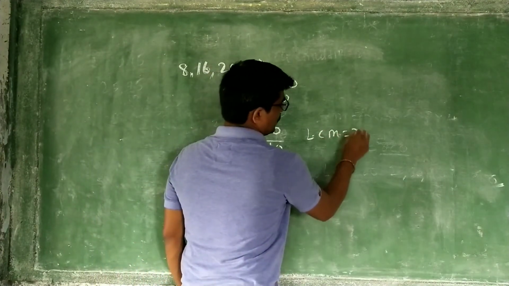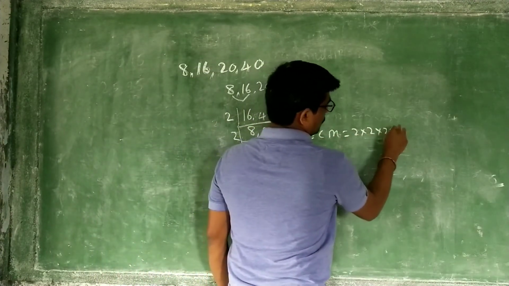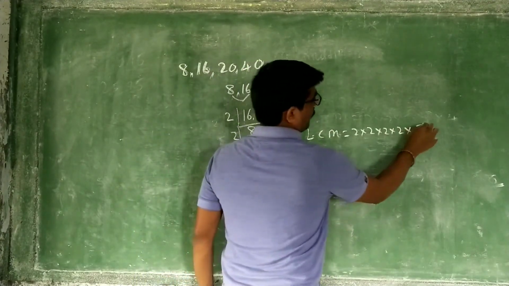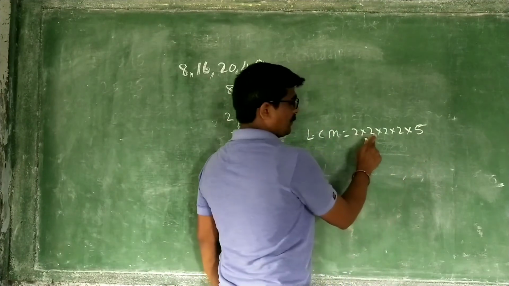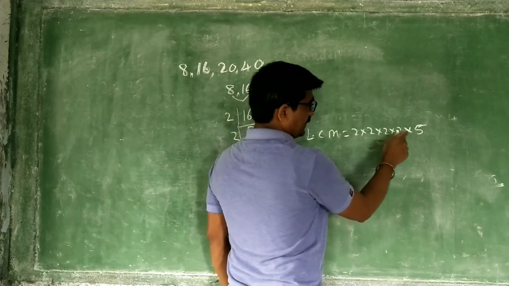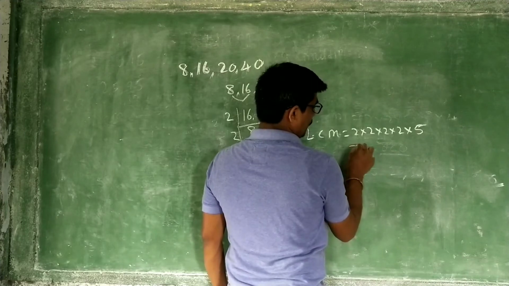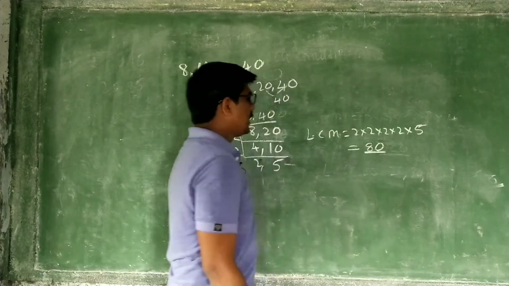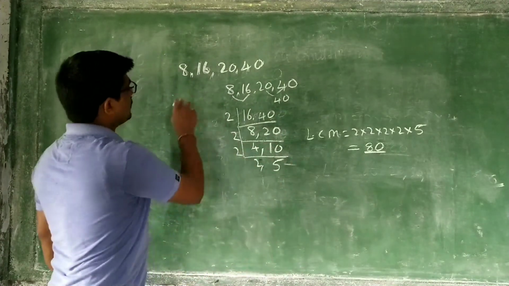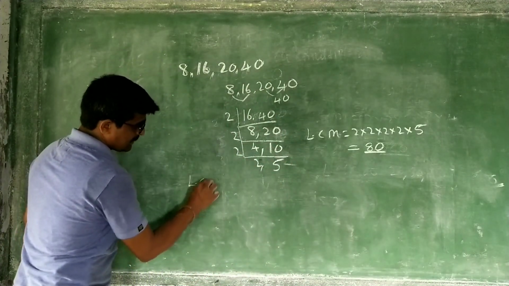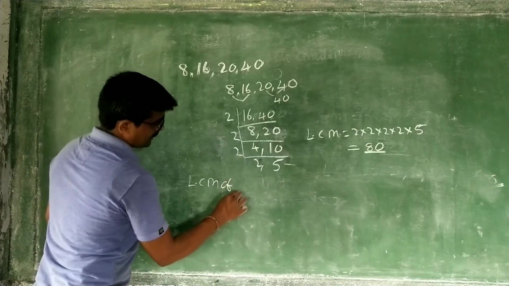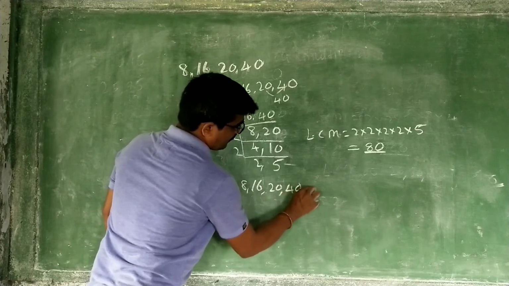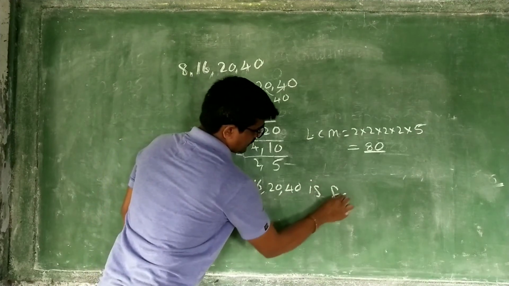LCM is equal to 2 into 2 into 2 into 2 into 5. 2 2s are 4, 4 2s are 8, 8 2s are 16, 16 5s are 80. So the LCM of 8, 16, 20 and 40 is 80.